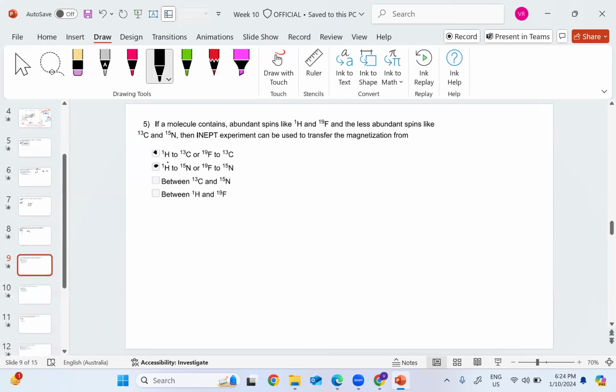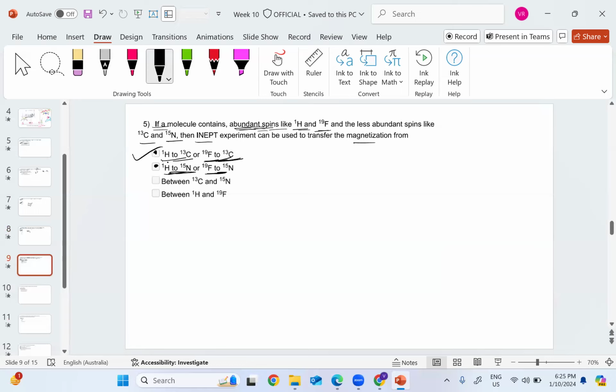The next question is a multiple select question. If the molecule contains abundant spins like 1H and 19F, abundant in terms of natural abundance of the NMR active nuclei, and less abundant spins like 13C or nitrogen 15, then the INEPT experiment can be used to transfer magnetization from 1H to 13C, 19F to 13C, also 1H to 19F.